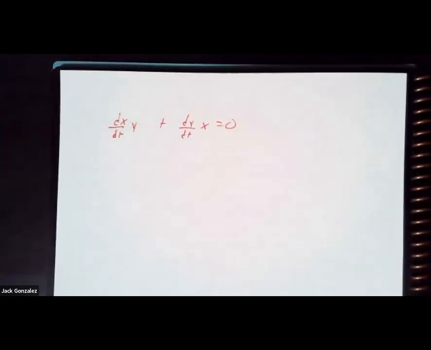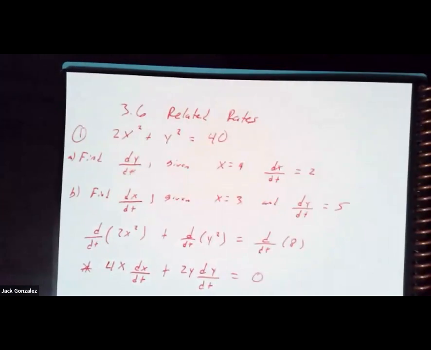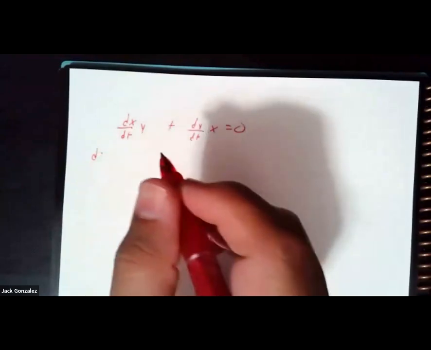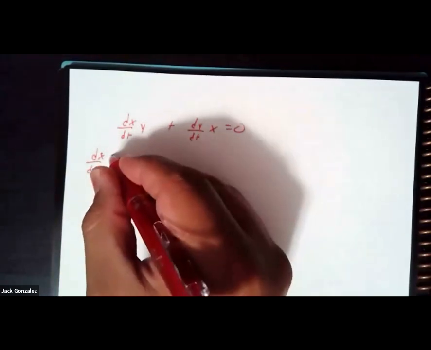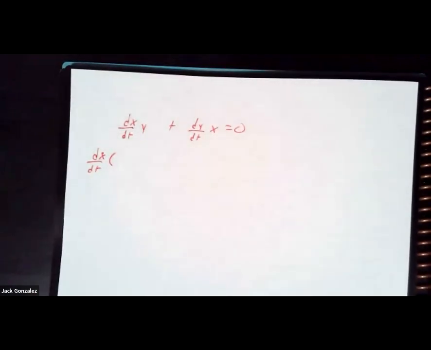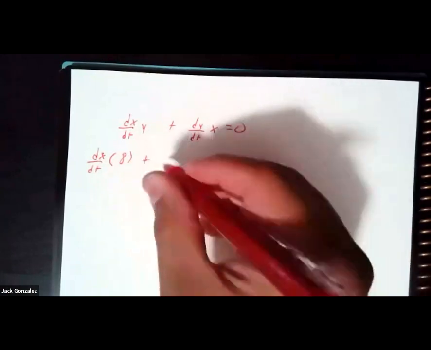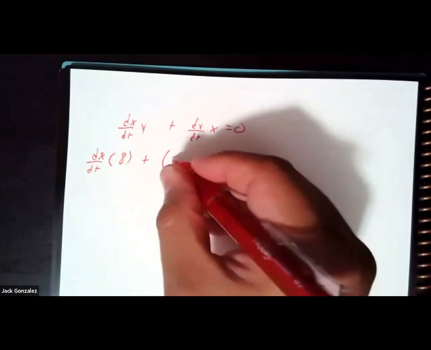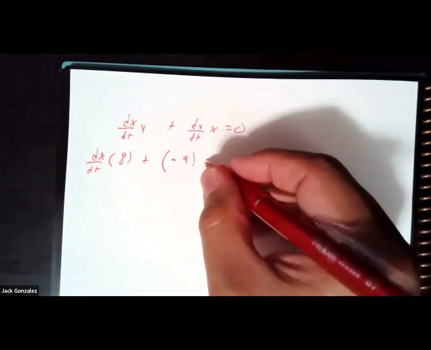Is that it? dx dt, y, dy dt, x. And they said that for dx dt this time, the y we got was 8, right? dy dt, that was equal to negative 9, that's right. x was a 1.